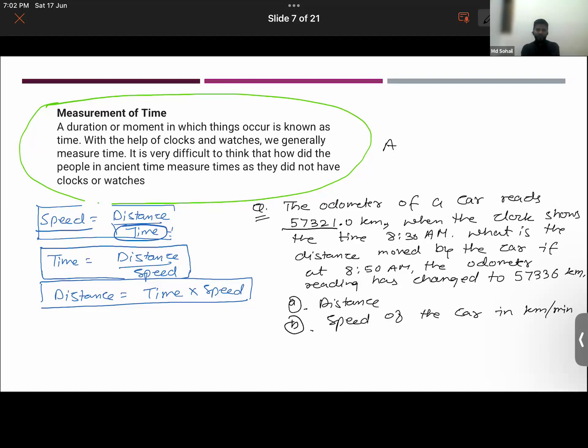Yes. Okay. Then once you have found out the distance, you will need to find the speed of the car. And you can calculate the time here also. It is pretty simple. The time is 20 minutes. Very good.